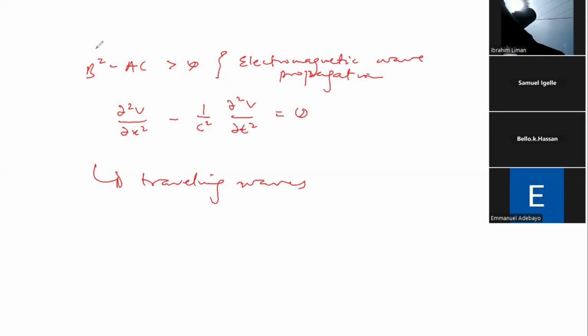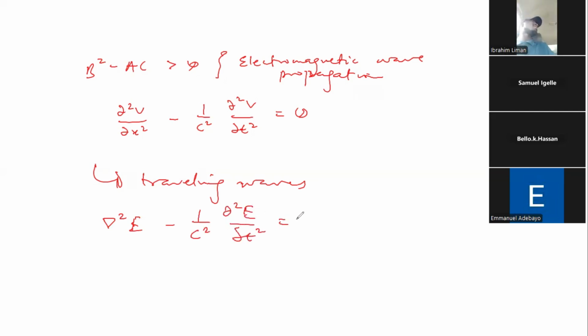So that is one. Now, we can also look at another interesting second-order hyperbolic partial differential equation, which is the Maxwell wave equation, okay? Where we say nabla squared E, which is the Laplacian of the electric field, minus 1 over c squared ∂²E/∂t² is equal to 0.